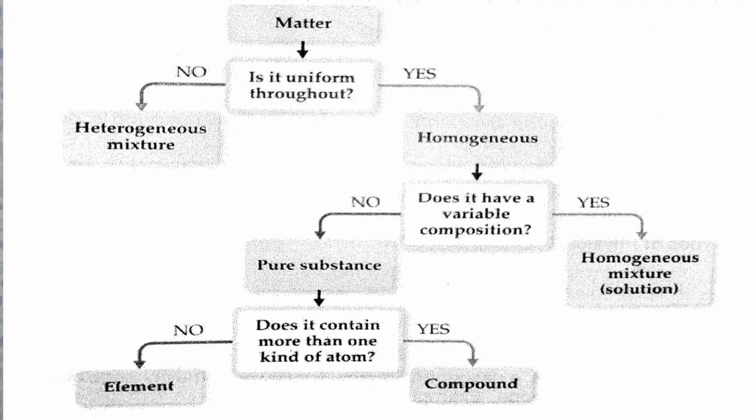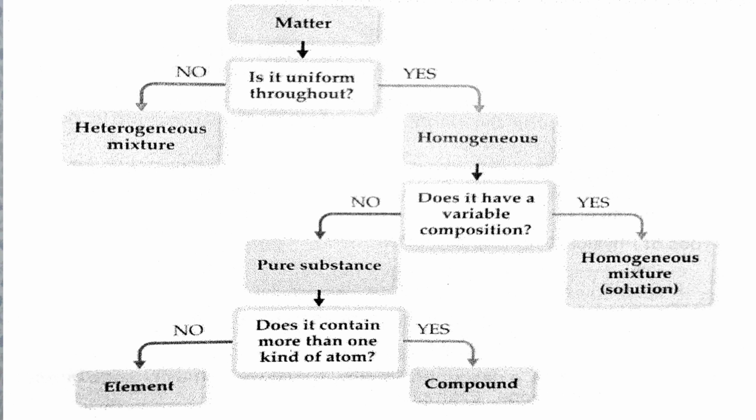Does it have a variable composition? If yes, then it is a homogeneous mixture. If no, if it doesn't have variable composition, then it is a pure substance. Pure substance, further subdivided.